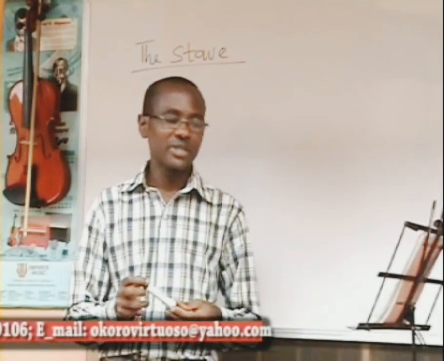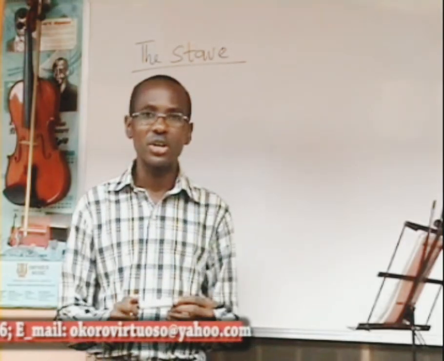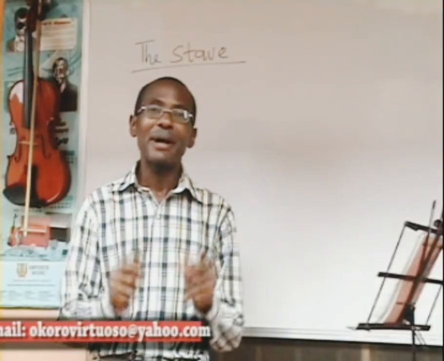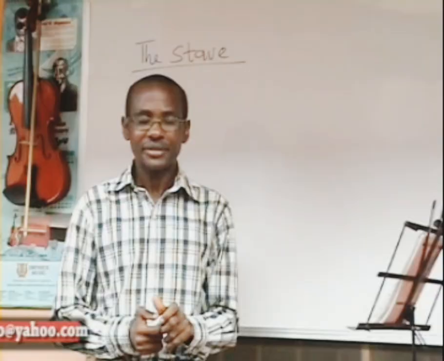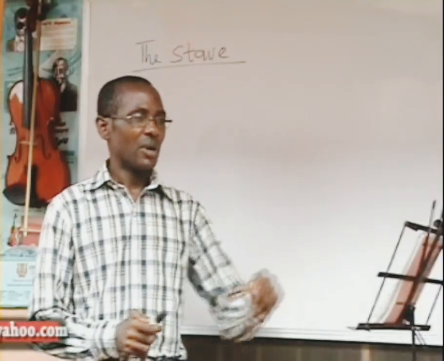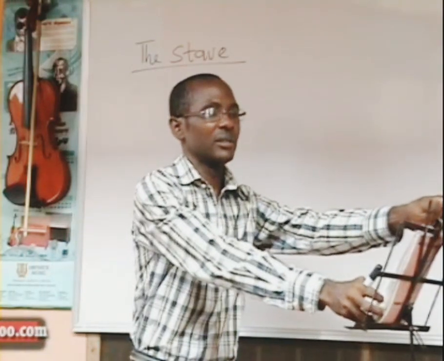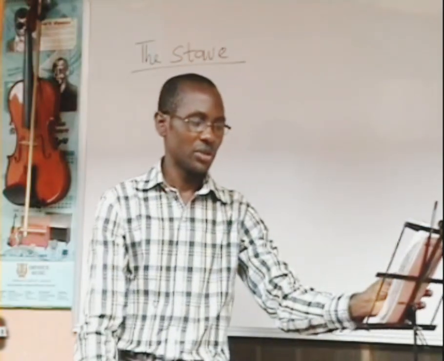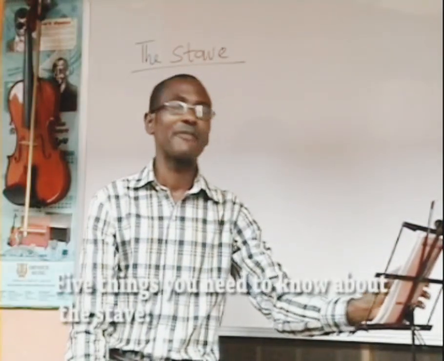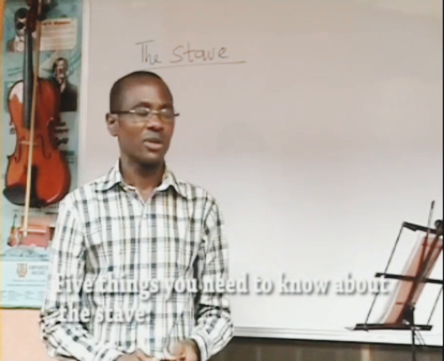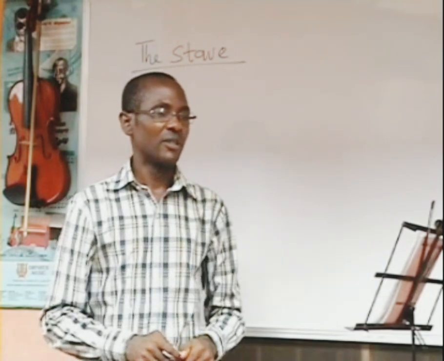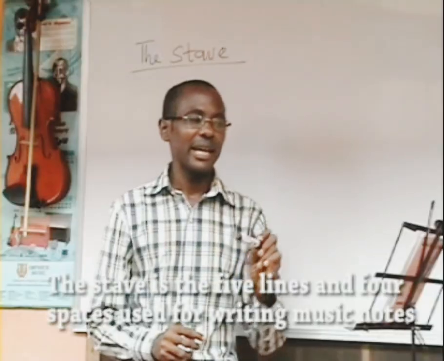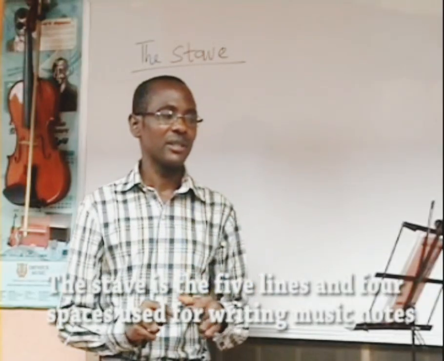Before a composer starts writing a song or a tune, he or she gets a manuscript containing staves. We are going to look at the staves and what you need to know about it. There are 5 things I'm going to talk about. Number 1, the stave is the 5 lines and the 4 spaces used for writing music.